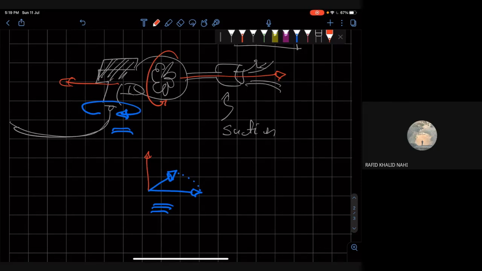Yeah, let's see. So torque is a vector, and the torque has to be in the direction of the change of angular momentum.